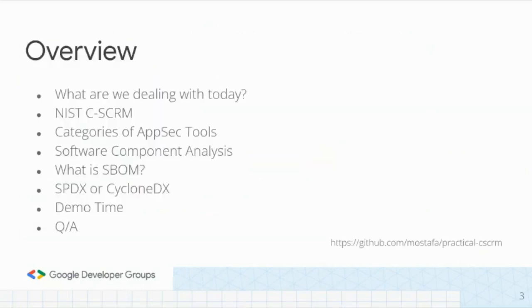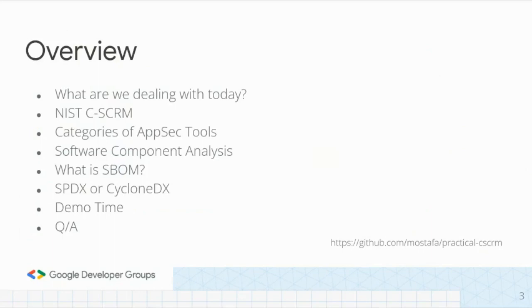So this is the overview of what I'm going to talk about. What are we dealing with today? The problem statement, the framework that NIST introduced, and a few categorizations of abstract tools. Then I'm going to focus on software component analysis, what SBOM is, and how we can make use of it.